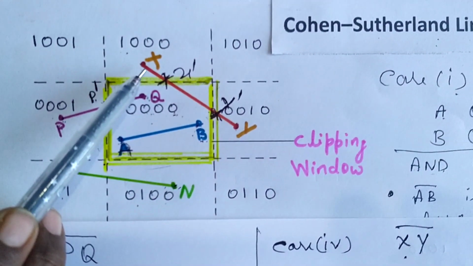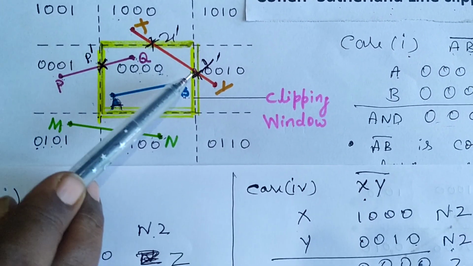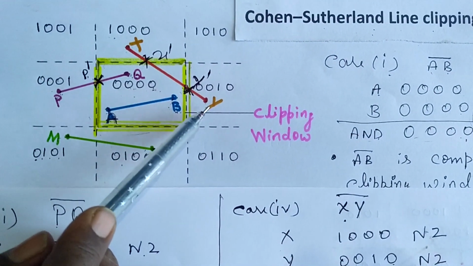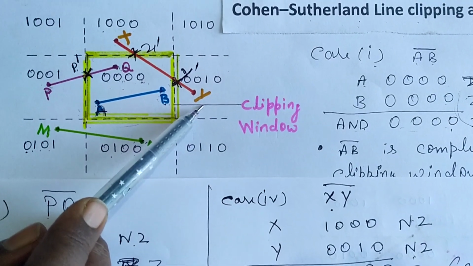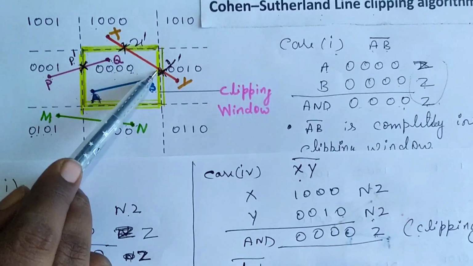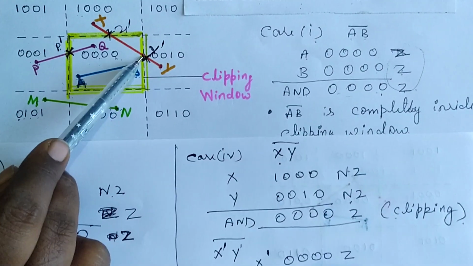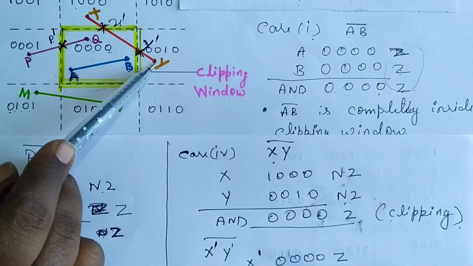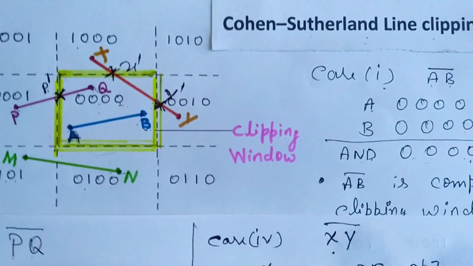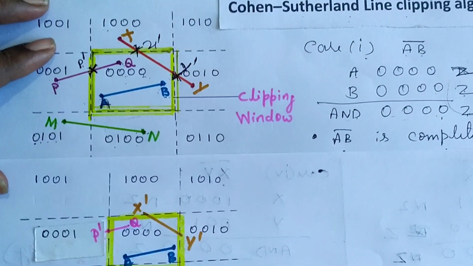So we performed the AND operation for X and X dash, and X dash and Y dash, and finally on Y dash and Y. After applying the AND operation, we decided as per the algorithm whether a portion of the line is accepted and a portion is rejected. Rejected means the portion of the line is clipped. So as per this algorithm, after performing all these 4 cases, finally our example will be like this.